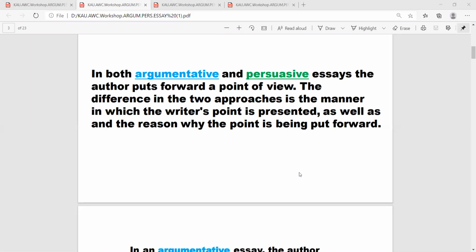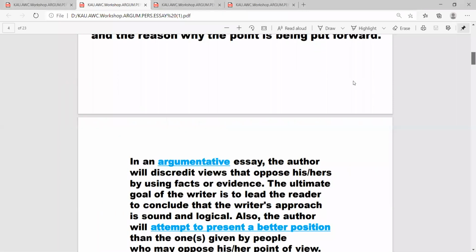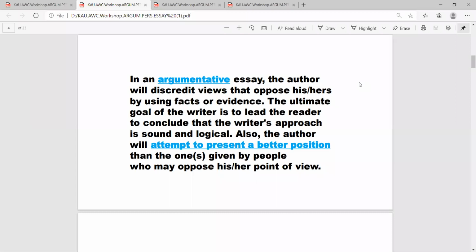The difference in the two approaches, we will discuss very quickly because for time constraints, I'm going to focus on the argumentative essay. Why would I like to focus on that?